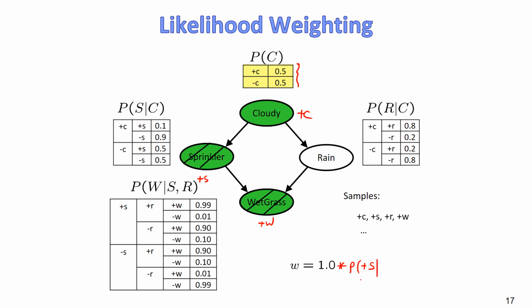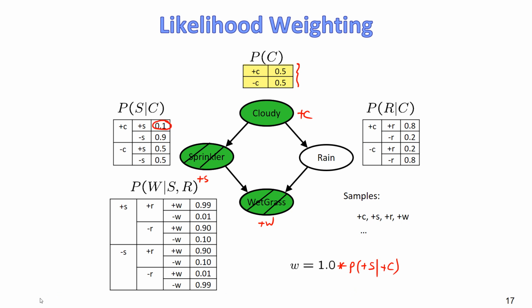What is its parent here? Cloudy, which was plus C. Do we have this probability? Of course we have it in the conditional probability table: plus S given plus C. So this probability is actually 0.1.